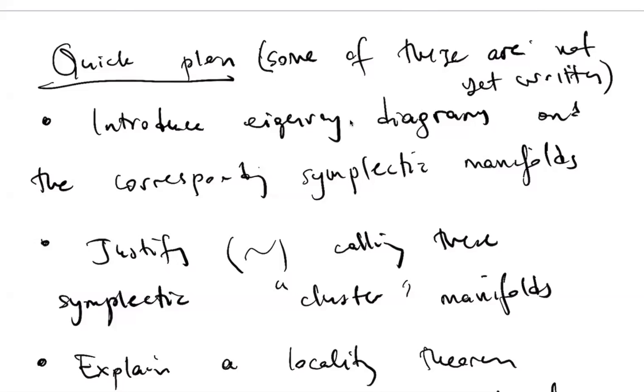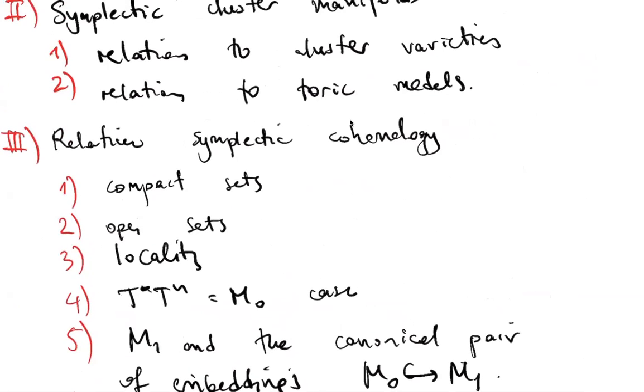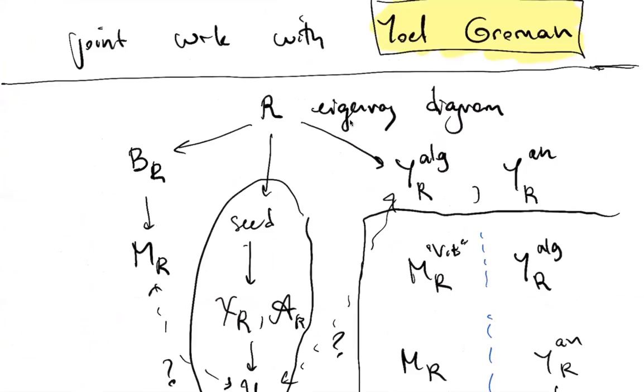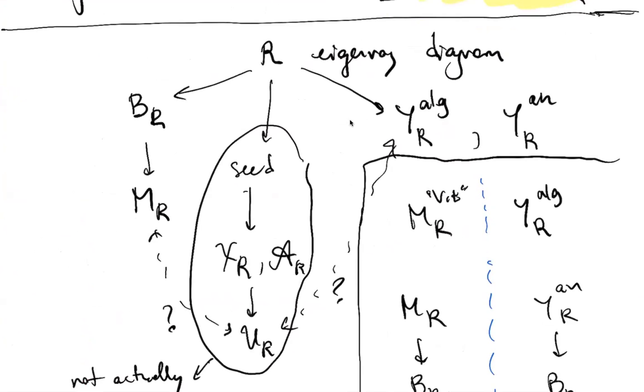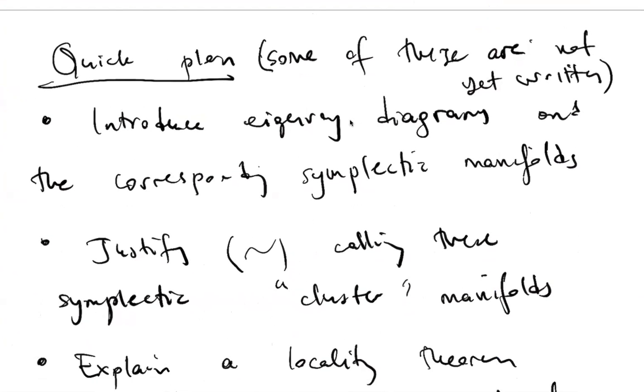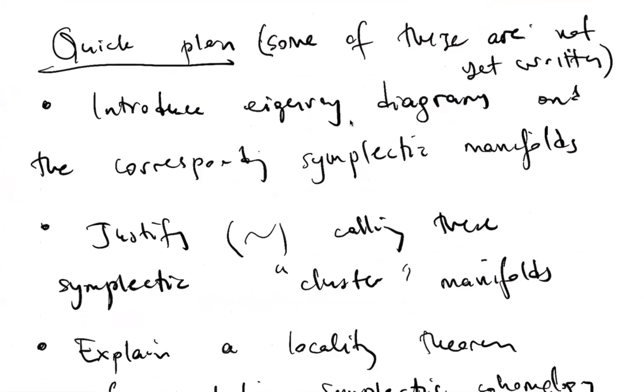Yeah, so I have some plan here, which is too long to be of any use. And I have some diagrams, which are also going to be useless at this point. But I just want to explain in words what my plan is for the talk. So I'm going to talk about certain four-dimensional open symplectic manifolds, which I'll call cluster symplectic manifolds, and I'll try to justify why I'm calling them cluster symplectic manifolds.